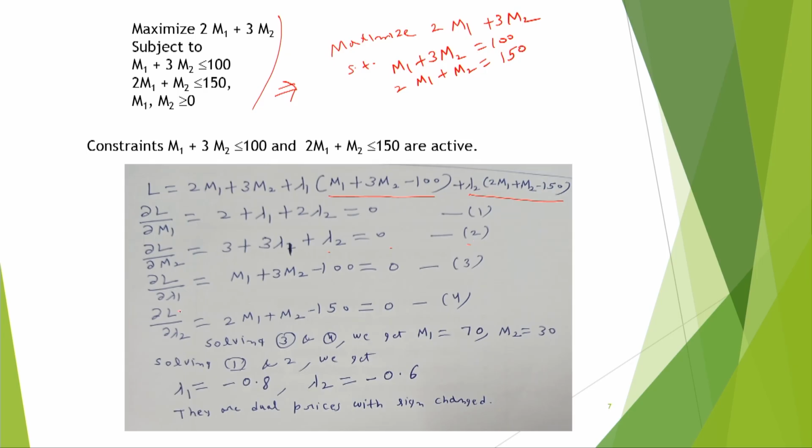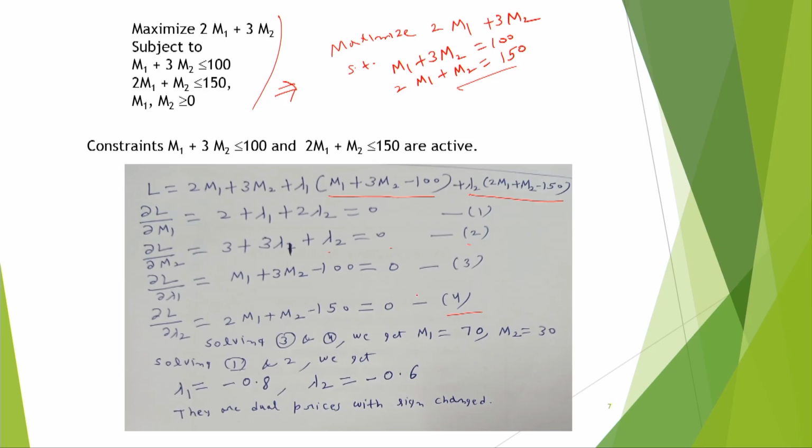Second, del L by del lambda 1 equal to 0 is m1 plus 3m2 minus 100 equal to 0, so we get back that constraint. And del L by del lambda 2 equal to 0 gives 2m1 plus m2 minus 150 equal to 0. We get back the other constraint, but I am writing them as the third and fourth equations.